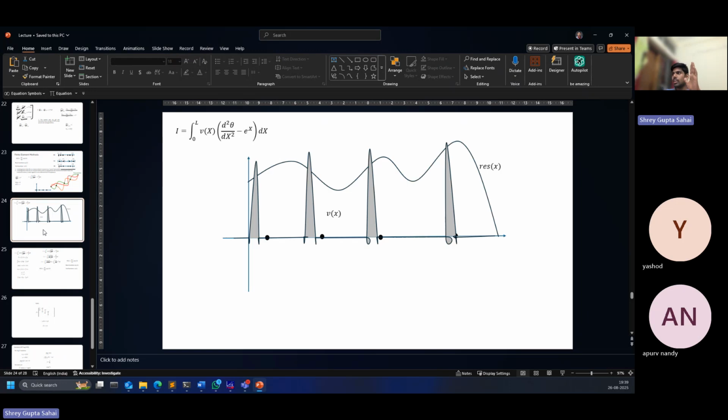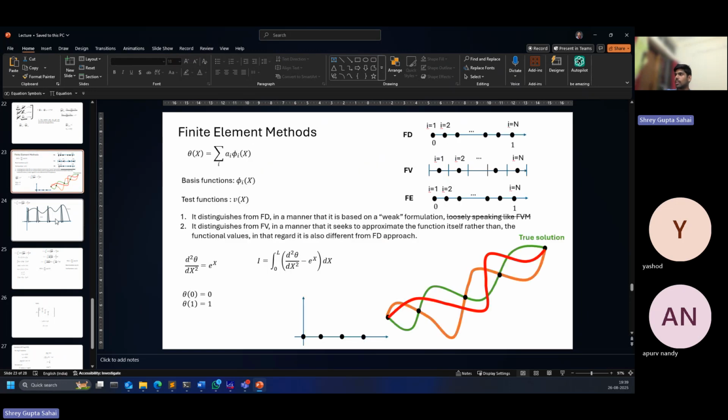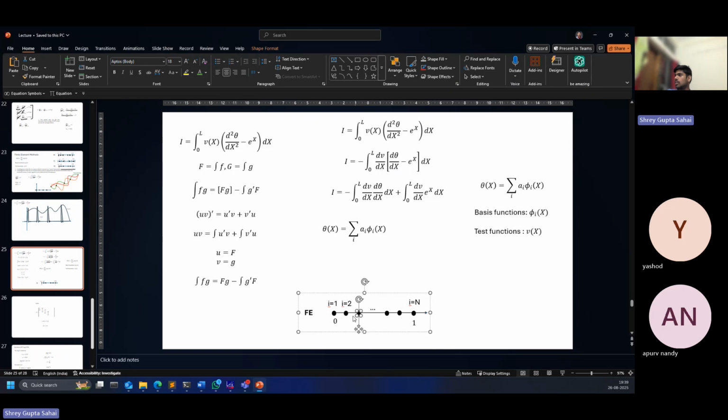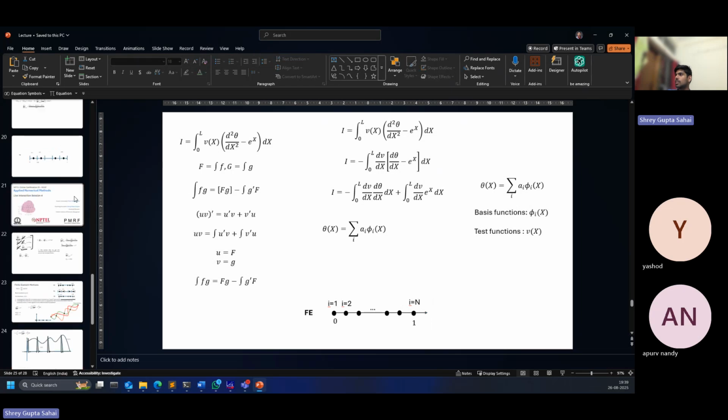First of all, we divide our domain into some n number of nodes, n number of elements. So our element will look something like this.